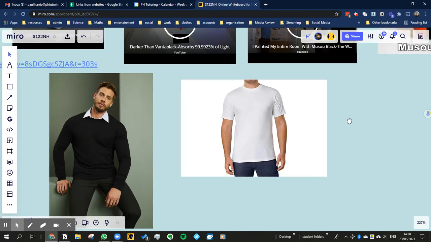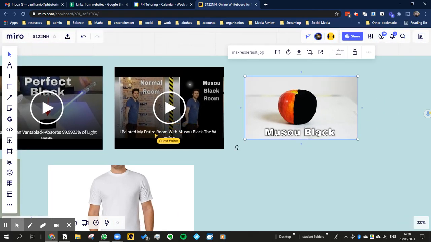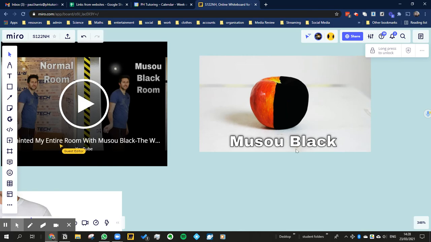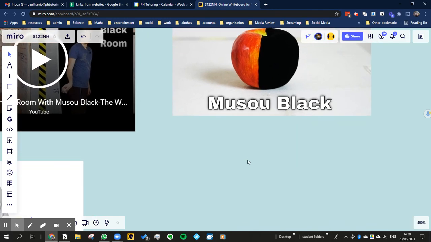And just like the picture of Musou black you showed me, it's not a perfect picture to demonstrate it, but you can see that it looks like a hole, doesn't it? You can't see shape there, and the reason is that there are no light and dark patches like there are in the folds of the t-shirt.